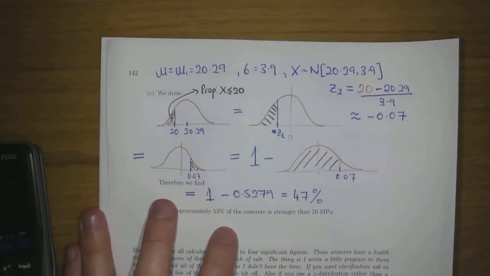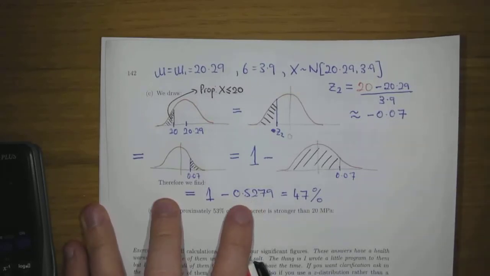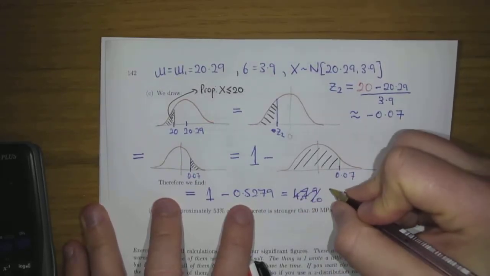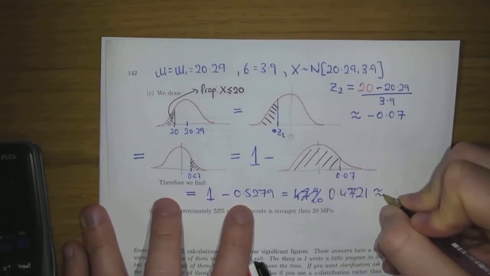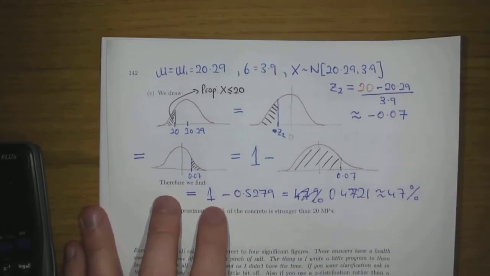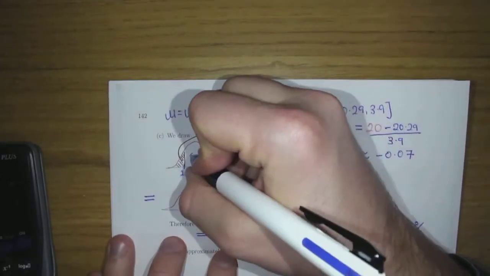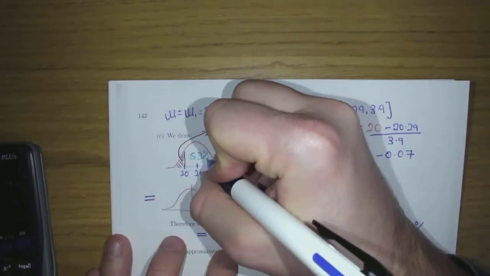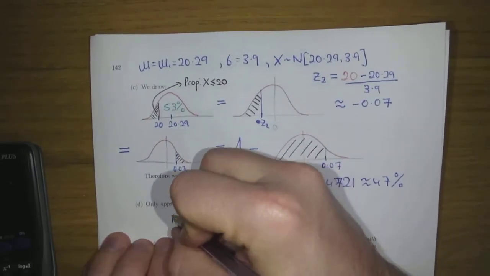It's not exactly 47%, it's 47.21. Maybe I should be a bit more careful. 0.4721, that's approximately 47%. That kind of approximation is okay here because it's all rough anyway. So if 47% of it is weaker, only 53% of it is stronger. And so she's not happy.